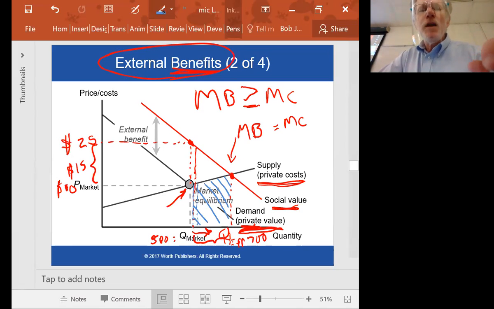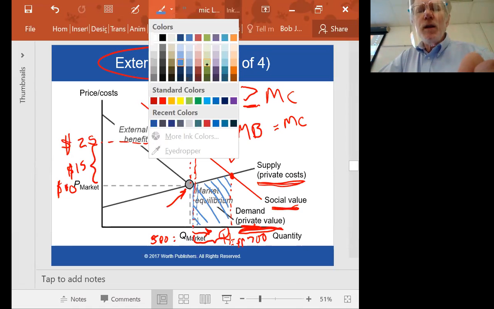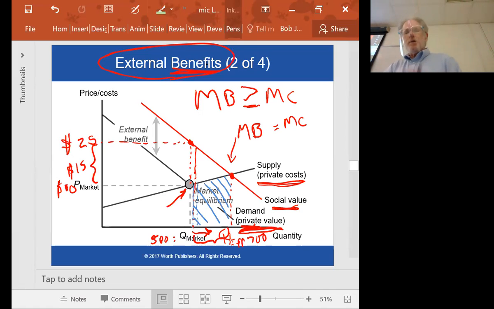What is the total benefit of those last 200 vaccinations? Well, that's going to be the area under the social value curve. Is it going to be the red triangle above the blue quadrilateral? That's right.